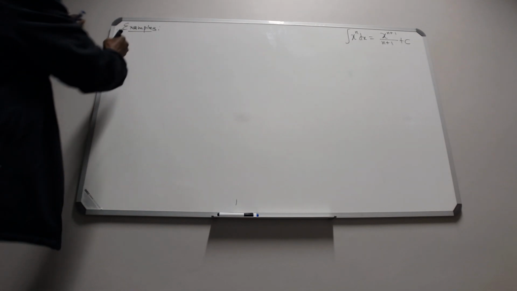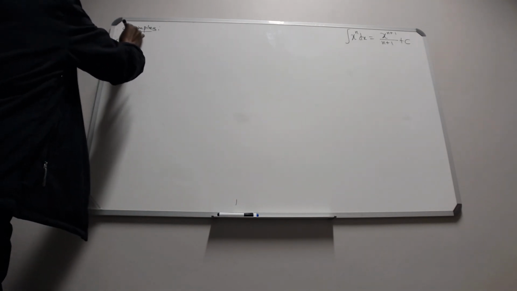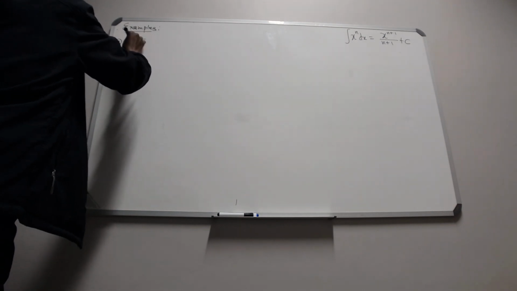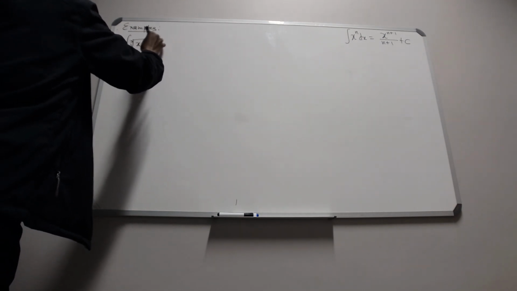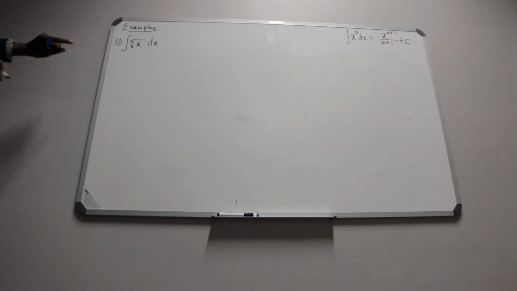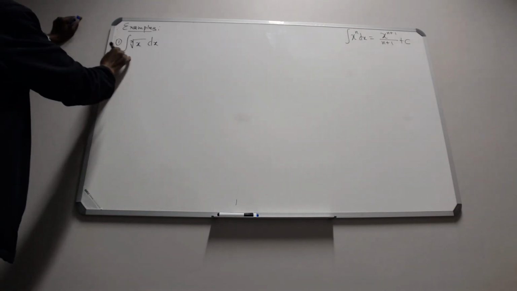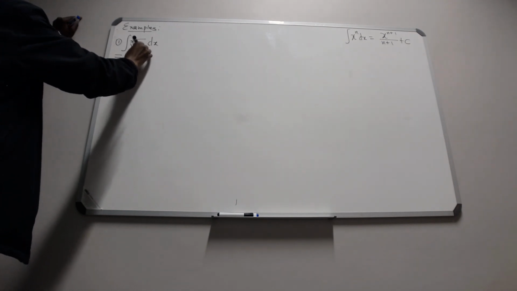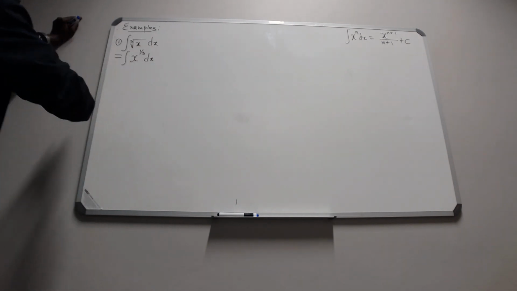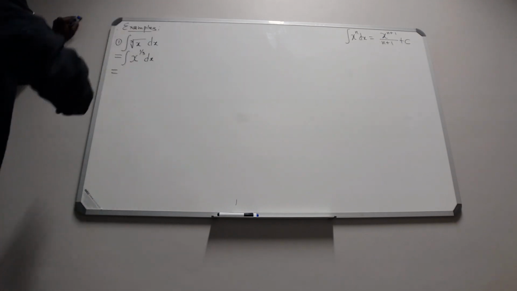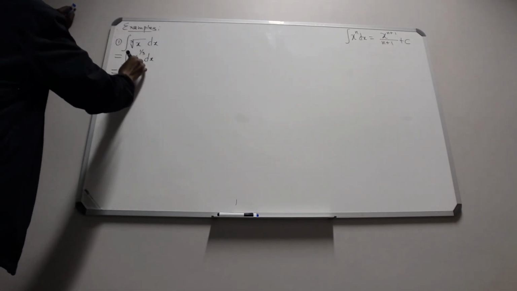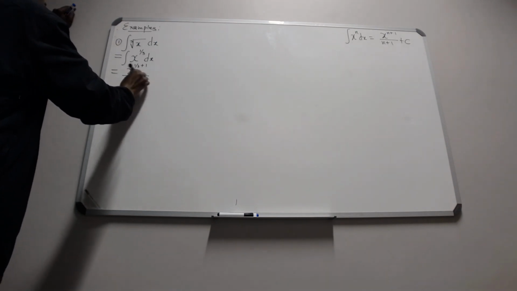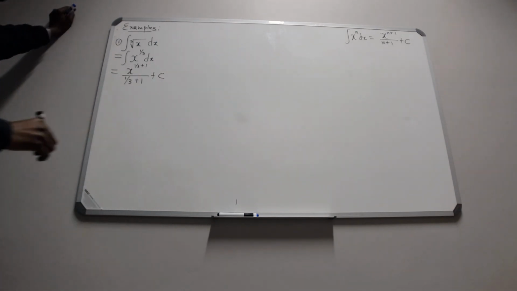Of course, if we look at the integral of cube root of x dx like this, it simply means that we are talking of the integral of x raised to the exponent of 1 over 3 dx, which according to that formula is x to the 1 over 3 plus 1 over 1 over 3 plus 1 plus c.